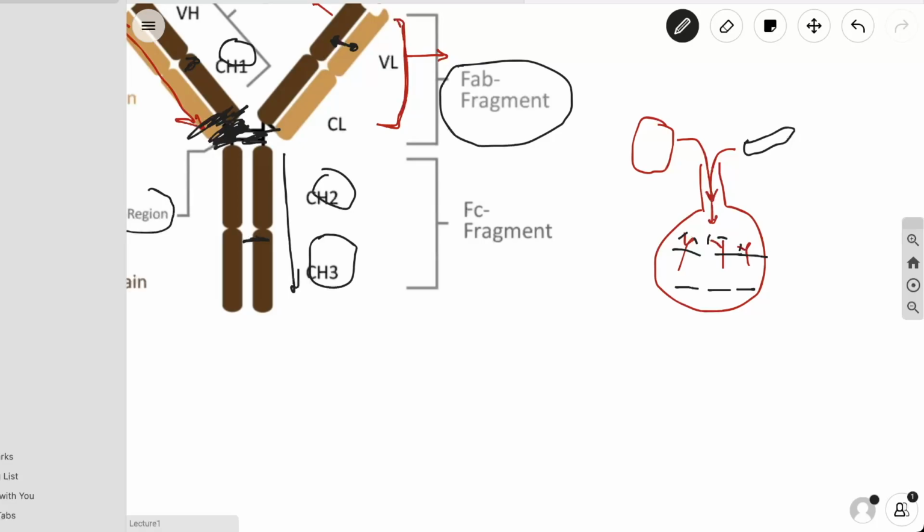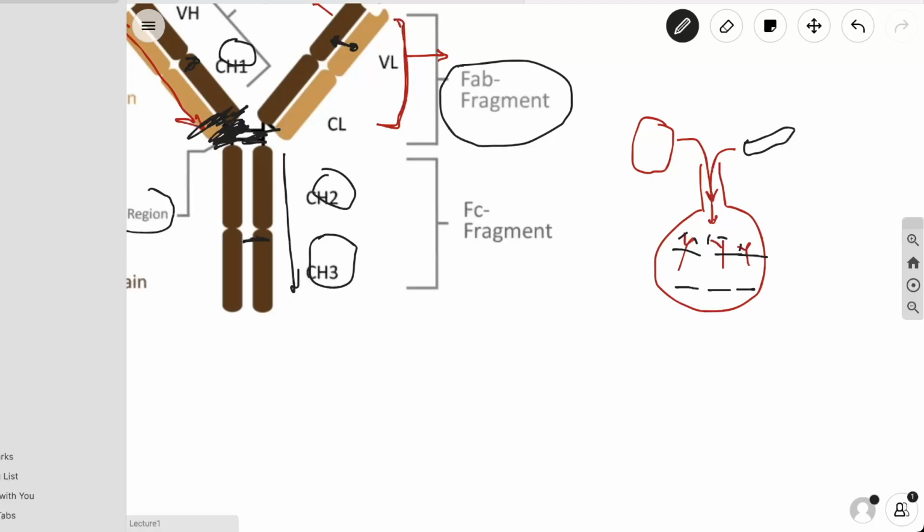So what do we now say? We say the fragment crystallized. So the stem region fell off from the antibody and it was found at the bottom of the flask. So we call that fragment crystallized, hence the name FC.